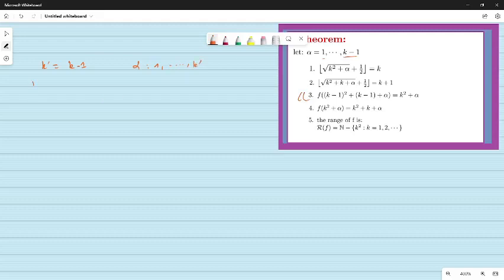And if we write n equal k prime square plus k prime plus alpha, then n is located between k prime square plus k prime plus 1, because alpha begins by 1, and k prime square plus k prime plus 2k prime.